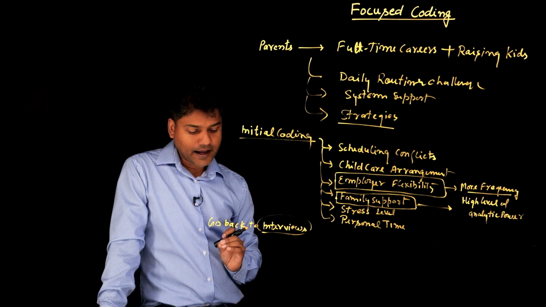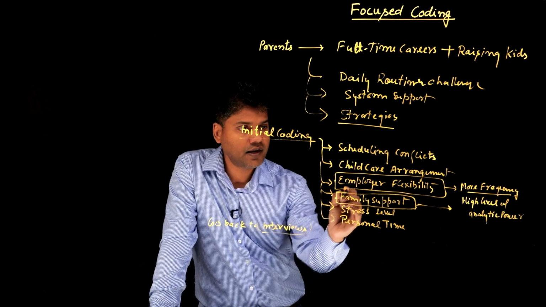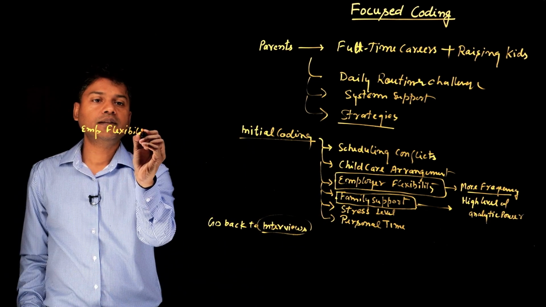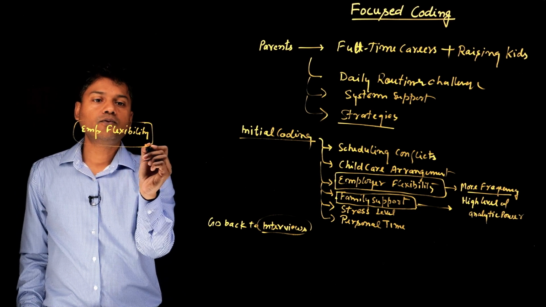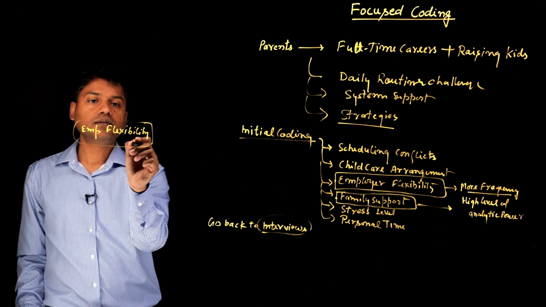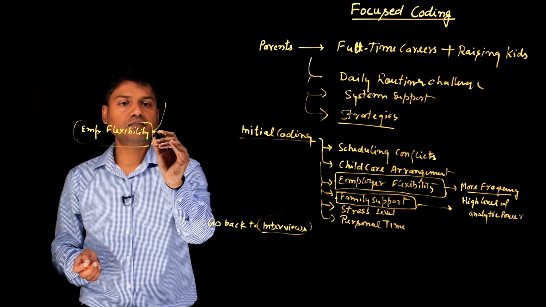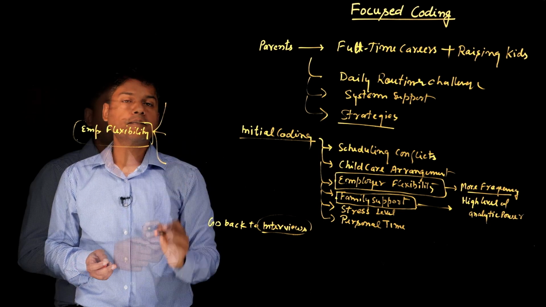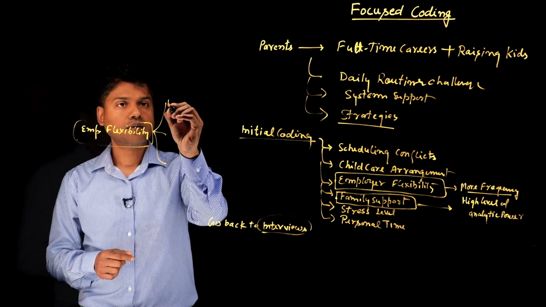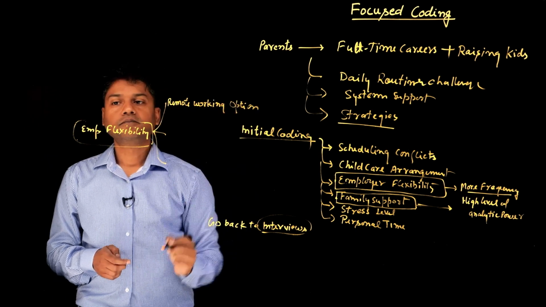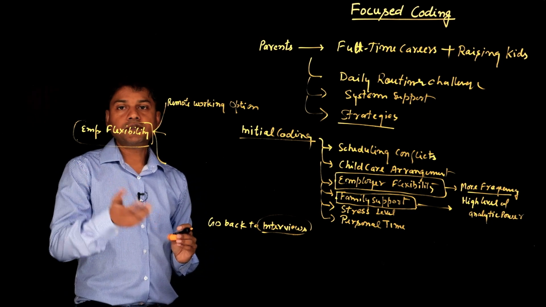So what might happen? Let's say with employer flexibility, when I did focused coding with this code, some sub-themes emerged from the data. What are those sub-themes? Remote working options.